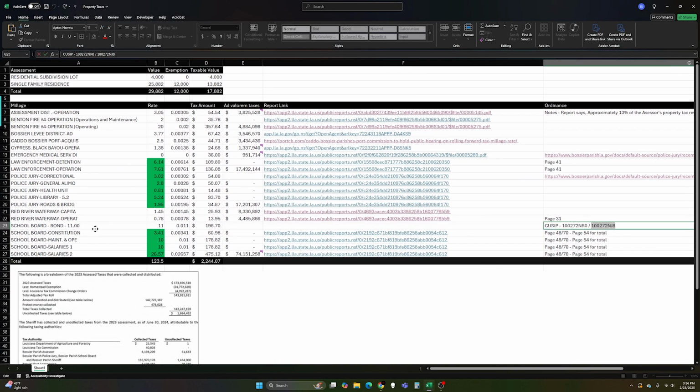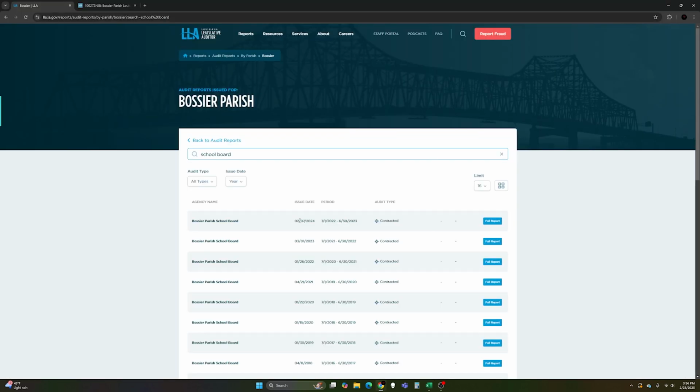But then the rest of this, the school board is here. This is where the largest amount of your property taxes go, to the school board salaries. And if we click here, this is prepared in February 2024, but it's from July 22 to June 23.